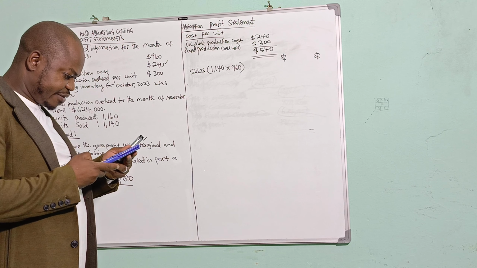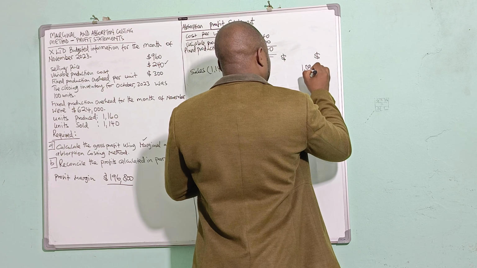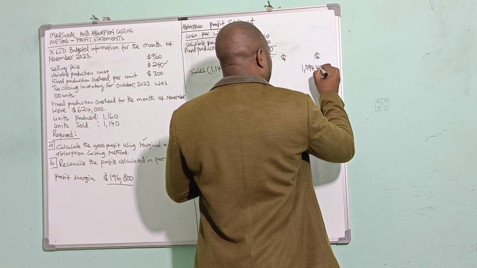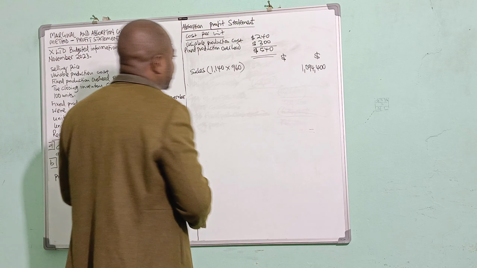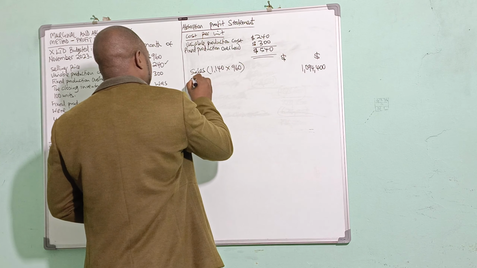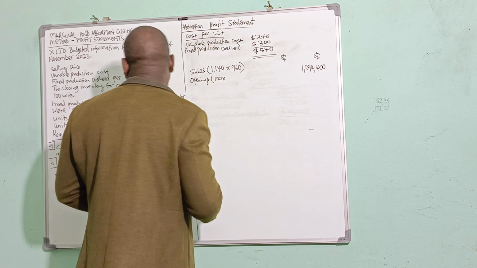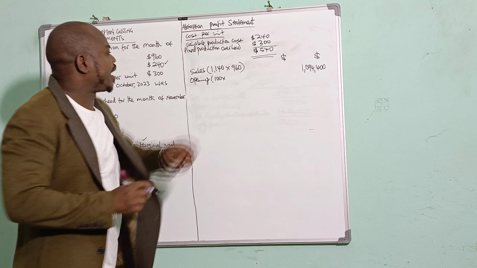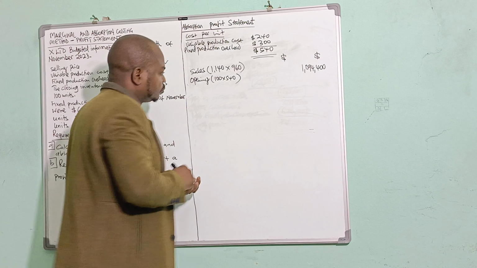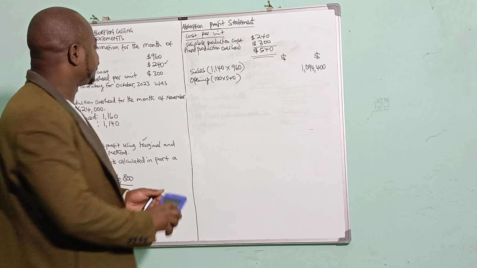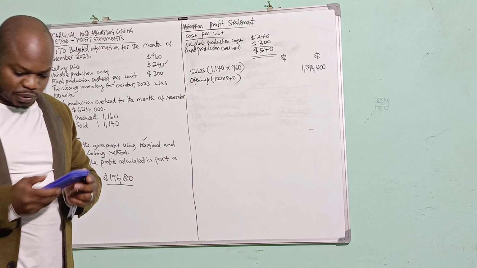Will still remain to be the same, 1,094,400. Okay. So that's my sales value. Then opening inventory 100 units, but this time around not at 240 but at 540, which is the cost per unit. This gives me 54,000, I guess.